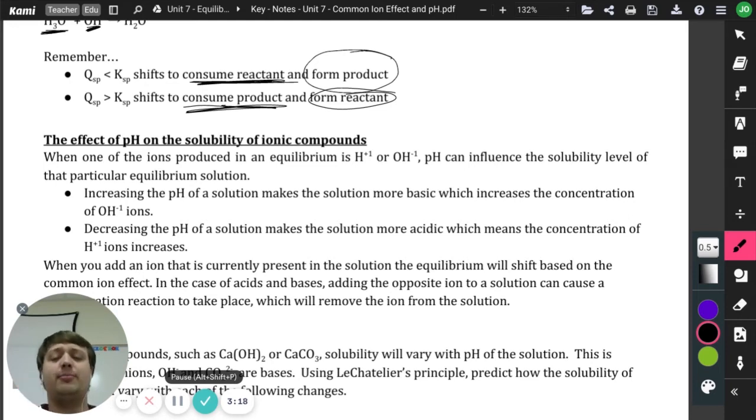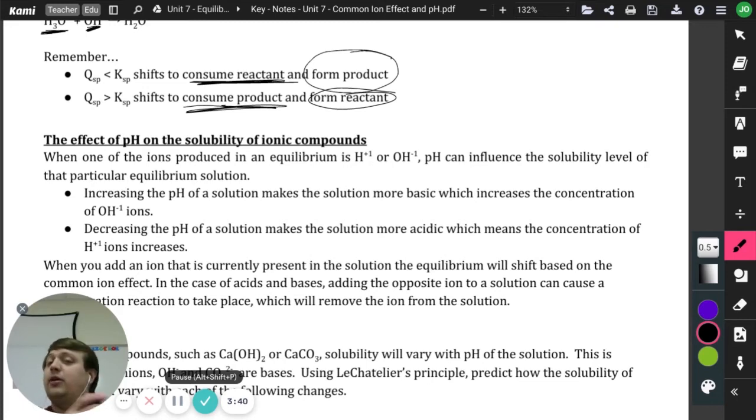So if I increase the pH of a solution, that's going to make the solution more basic, right? That's going to mean that we're increasing our hydroxide ion, right? So as I increase my pH, I am becoming more basic. And remember, the more basic the solution, the more hydroxide ions you have.